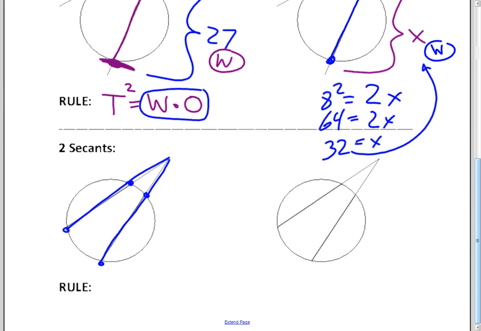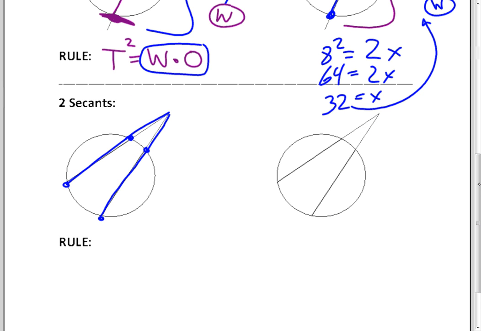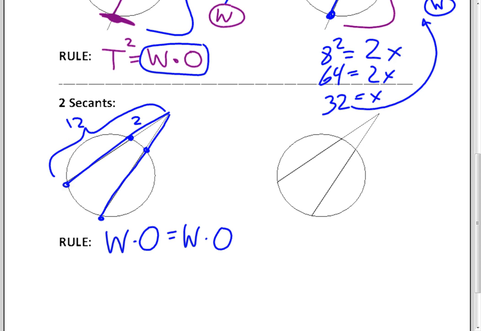Since we don't have a tangent in this diagram, this is the whoa-whoa rule. Whole times outer, whole times outer. So it might look something like that.